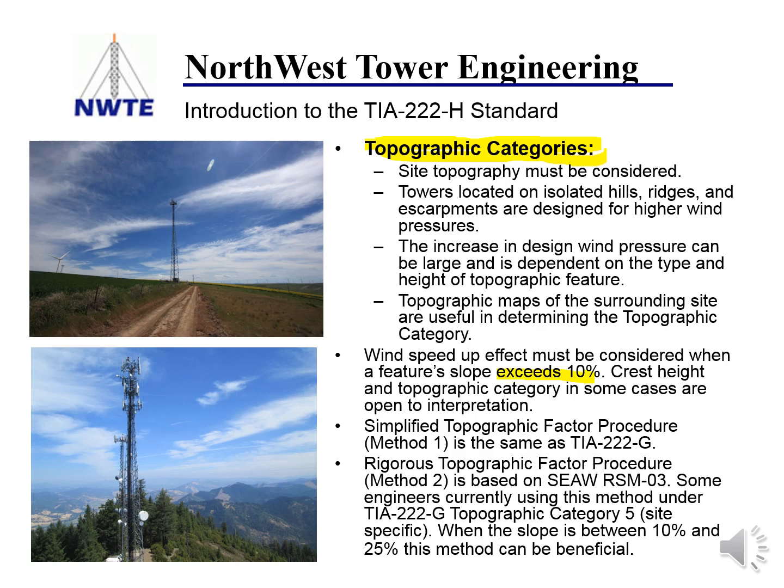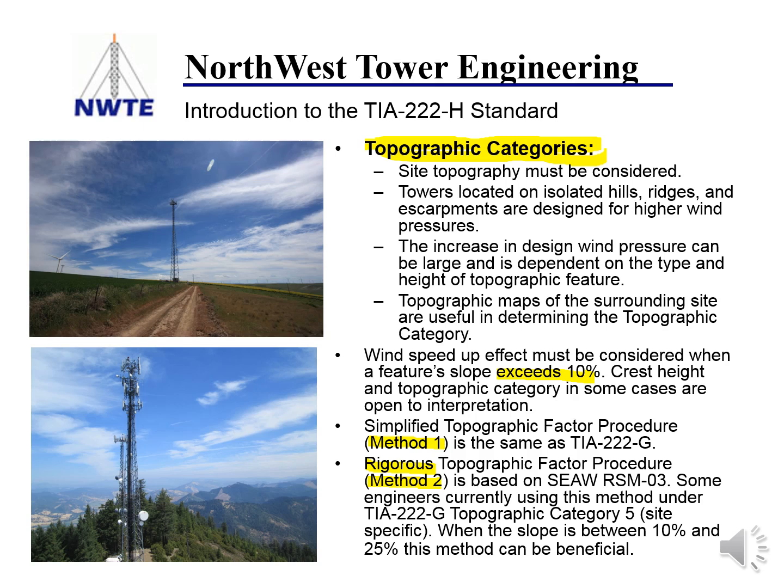Under the G standard, we had a very simplified method. It's now called method 1 in the H standard, and there is now a method 2, which is a rigorous approach.